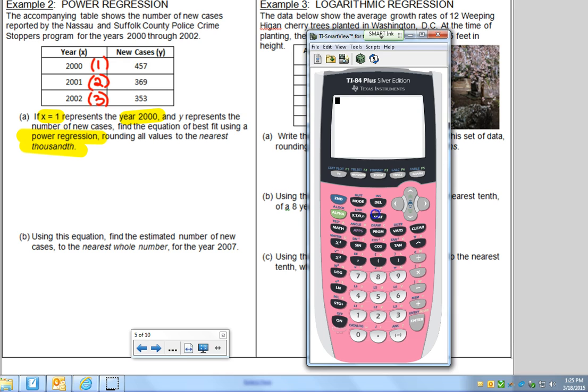Okay, same idea. We're going to go back to our table. We can clear our lists or delete them all out and start over. We're going to use 1, 2, 3 instead.